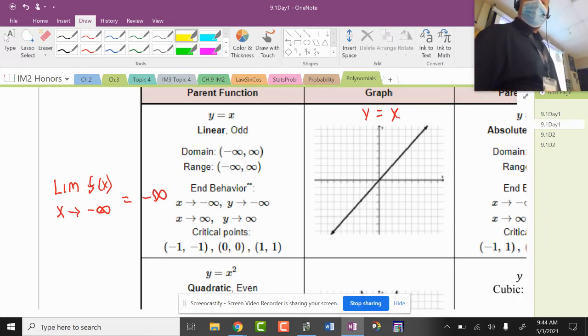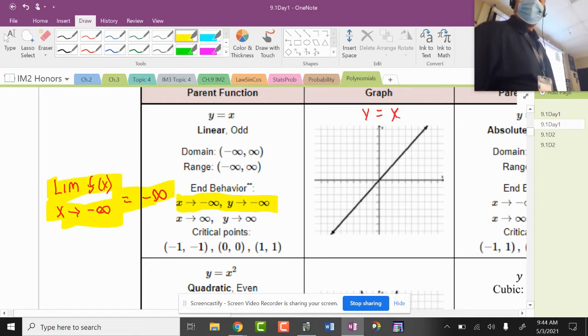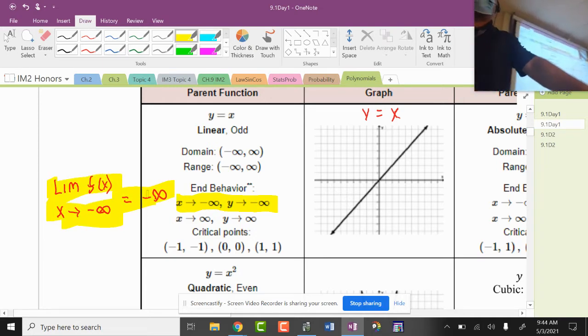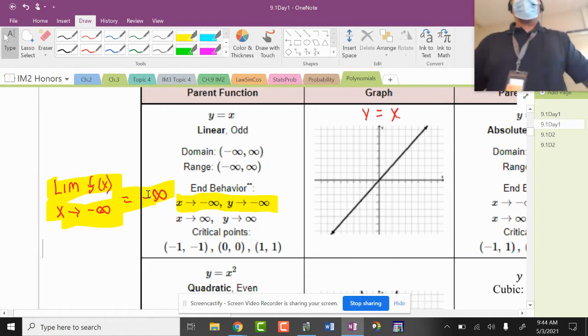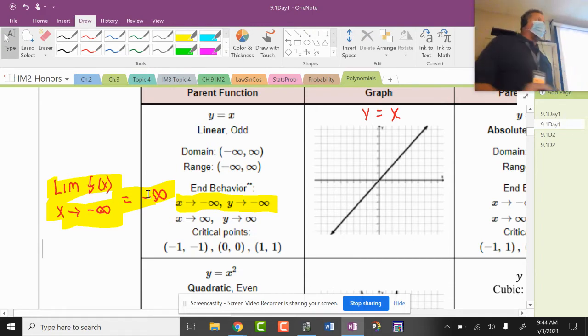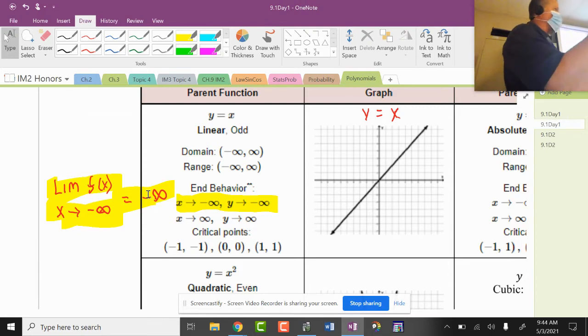This is the same as saying this. Limit notation means as x approaches negative infinity, what does y, f of x, approach?